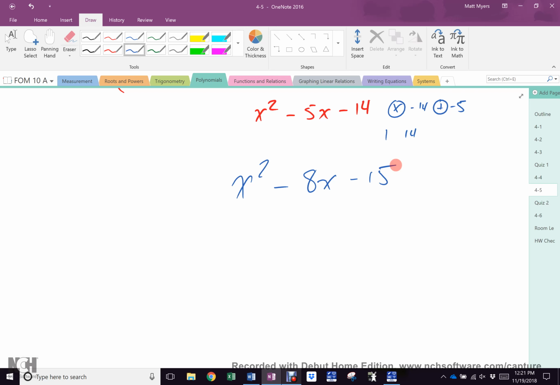Why do you know it is 3 and 5? Because negative 3 minus 5 is negative 8, and negative 3 times negative 5 is what? Positive 15.